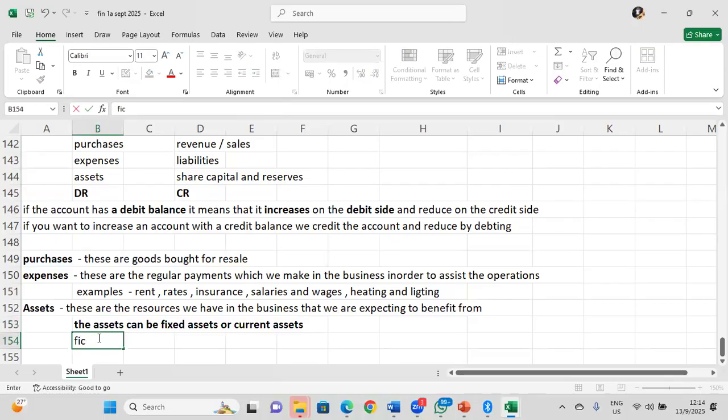The fixed assets are those that stay in the business. You have to figure out that this is an asset. It has a debit balance. The fixed assets are those that stay in the business for more than a year.